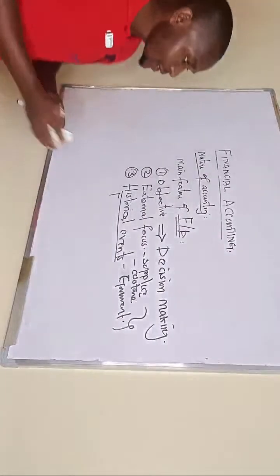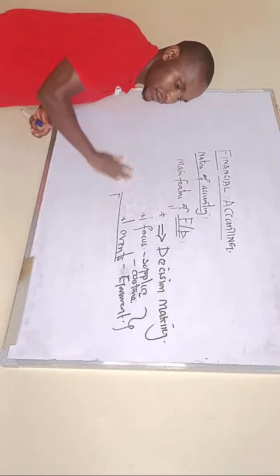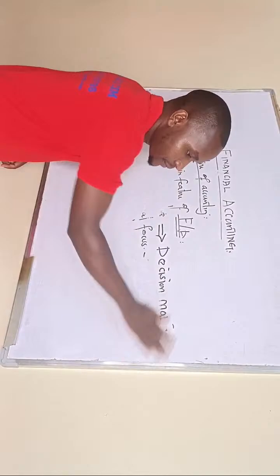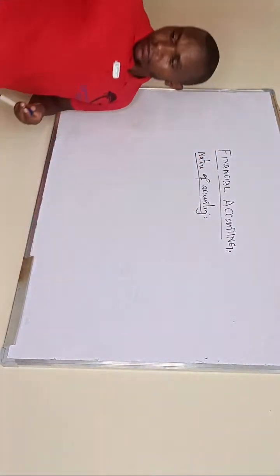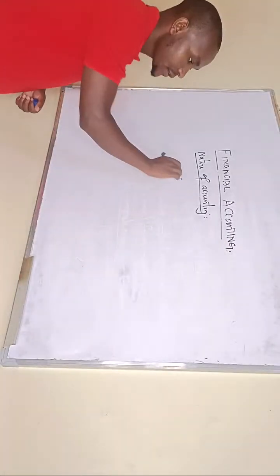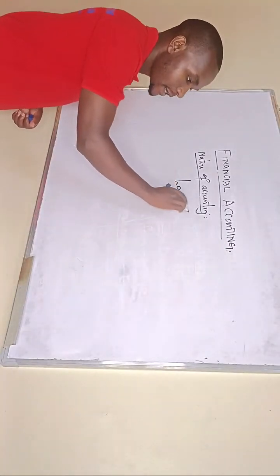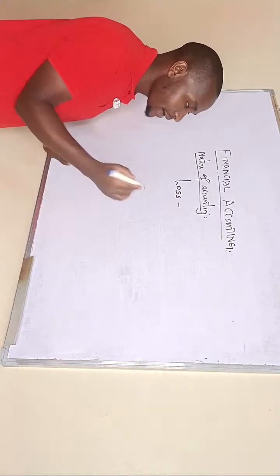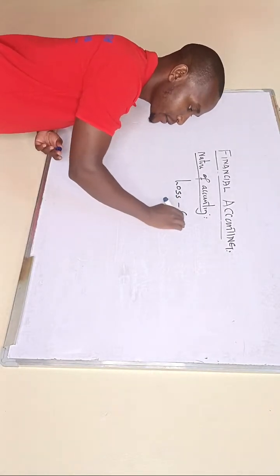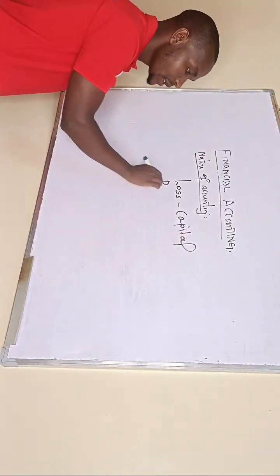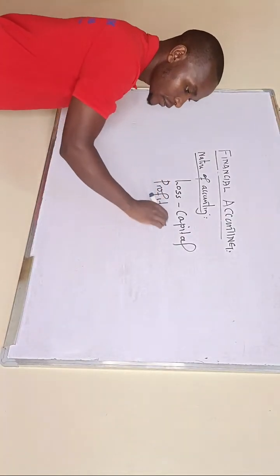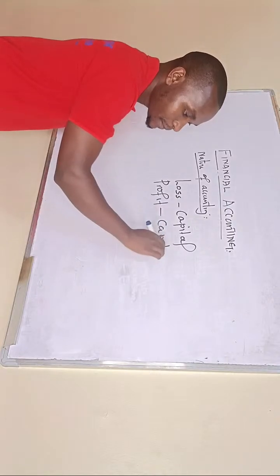So what will happen if you make a loss? If you make a loss, as either an individual or a company, it always affects the capital account. Also, if you make profit, it always affects the capital account.